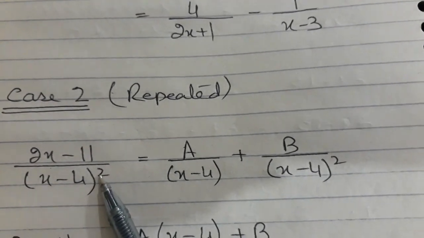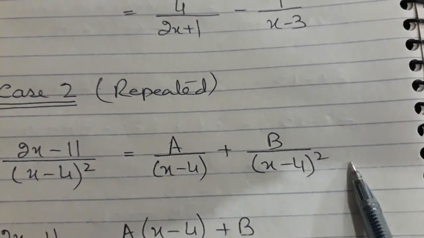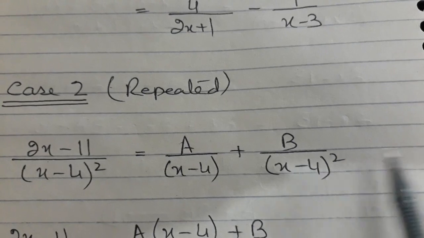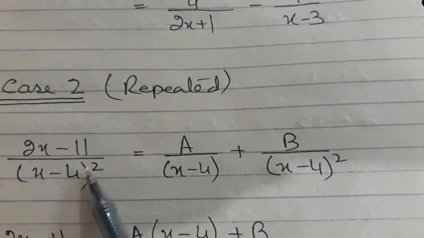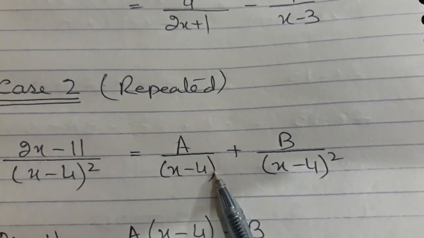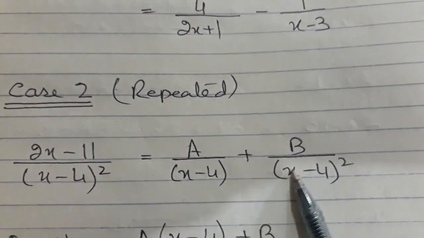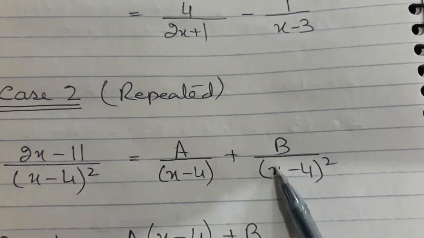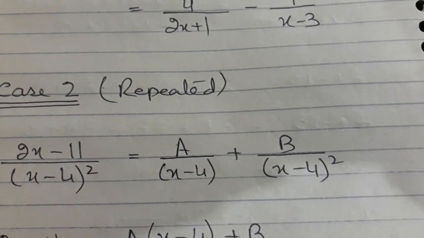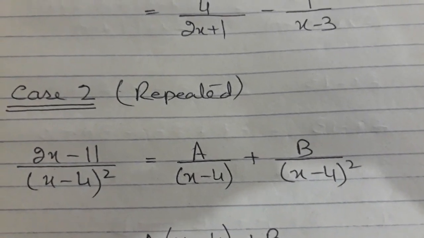In case I had a third, then it would be x minus 4 to the power 3. So you basically write the repeated linear factor one by one with increasing power, and on top of each in the numerator you write a single letter.